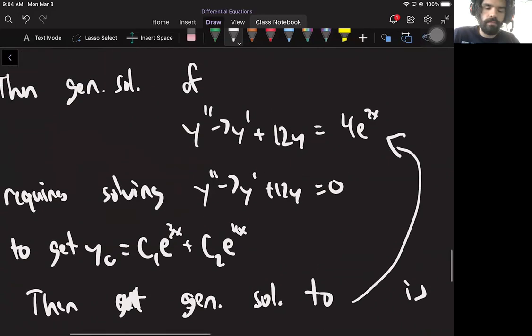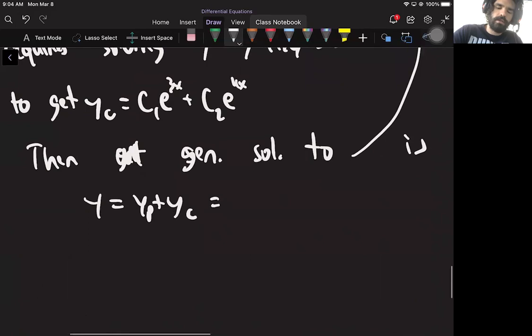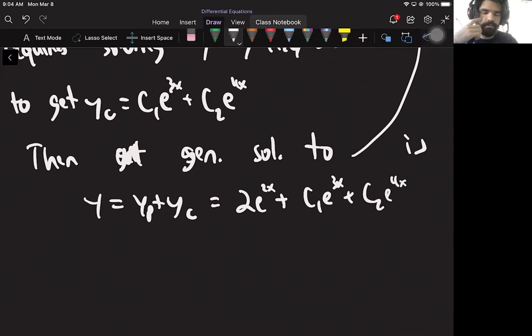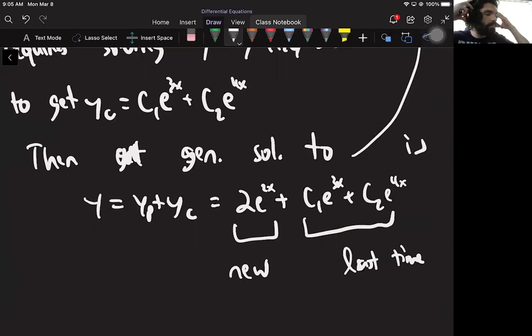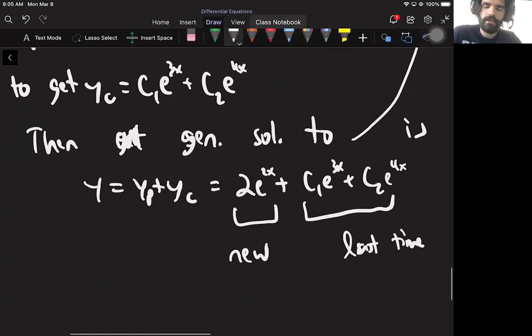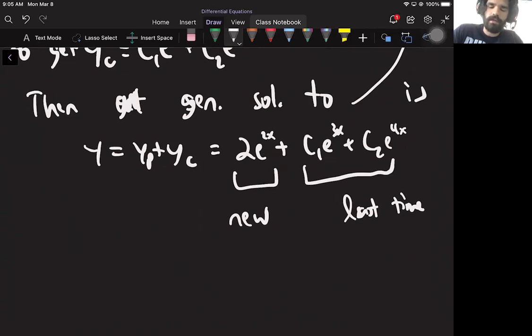That's going to be 2e to the 2x plus c1e to the 3x plus c2e to the 4x. And that's it. Again, this we did last time, so you should be experts at that. This is the new technique, and then adding them together gets you the general solution. So it's actually better to get the complementary part first. We're going to do that first from now on.